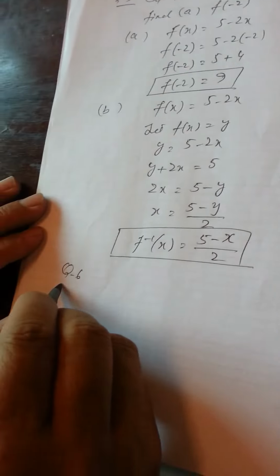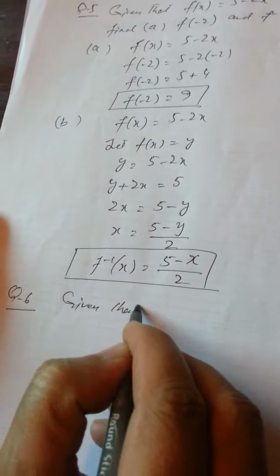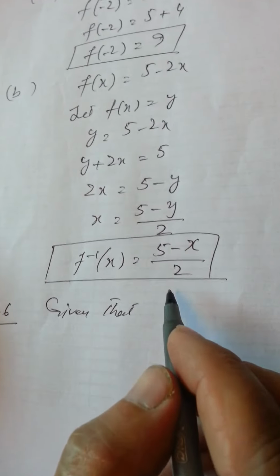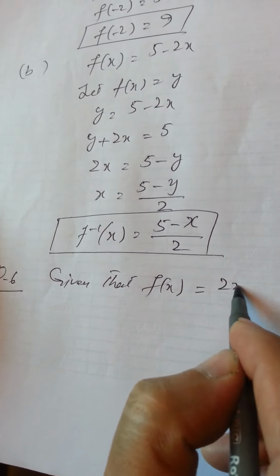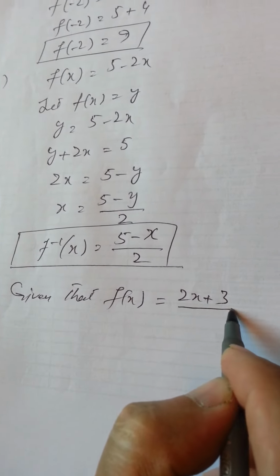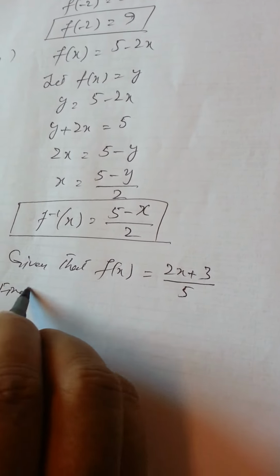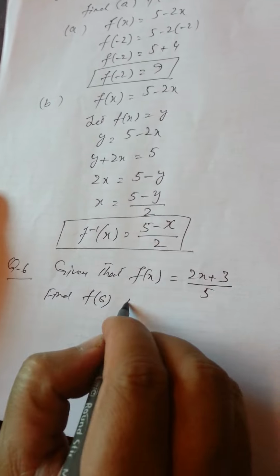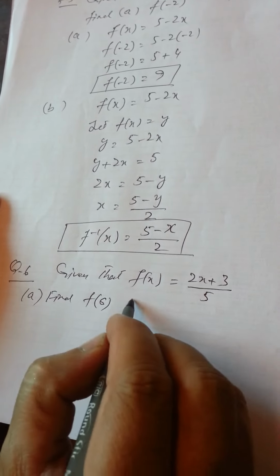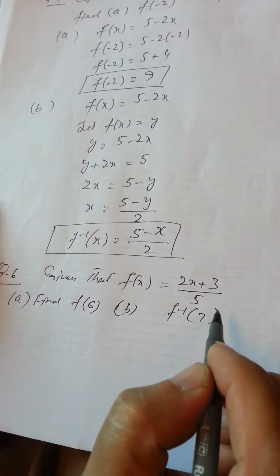Question number 6. Given that f of x is equal to (2x plus 3) upon 5, find f of 6 in part A. For part B, f inverse of 7.